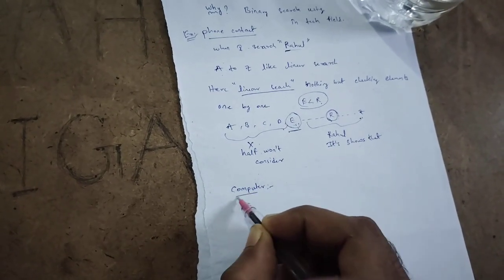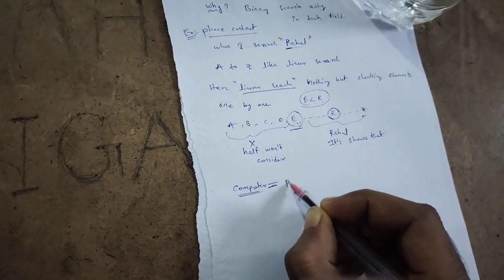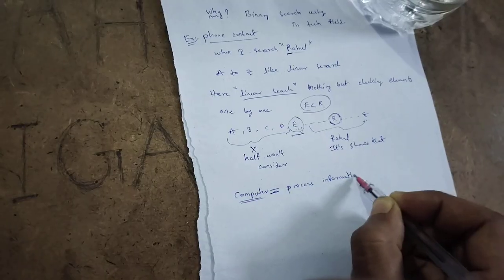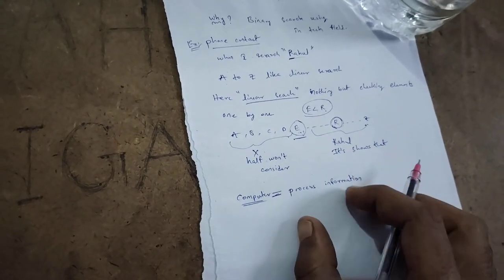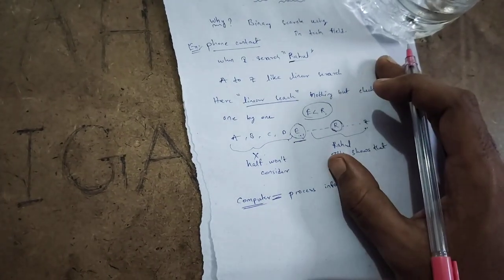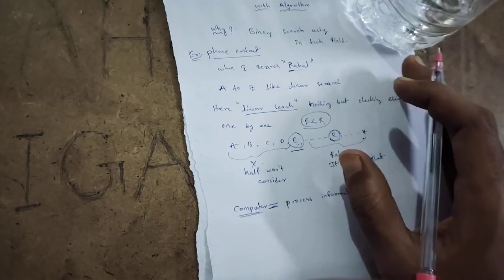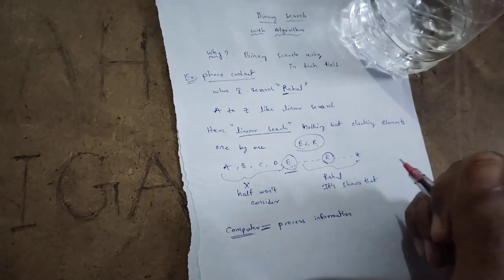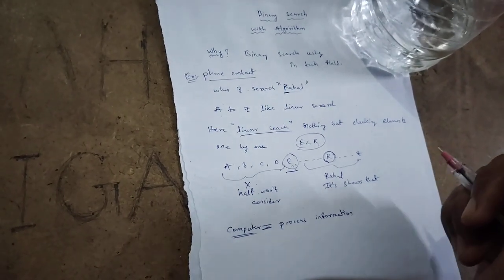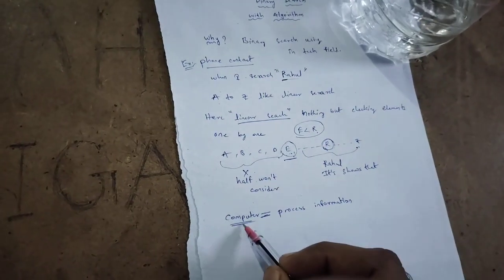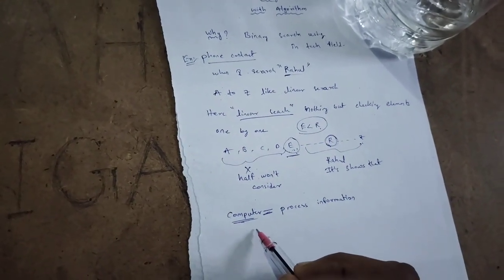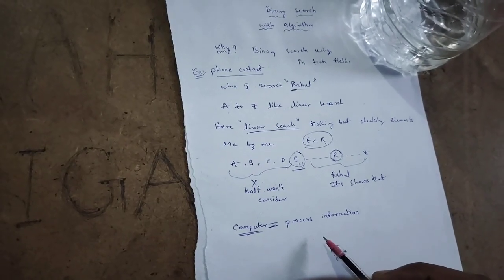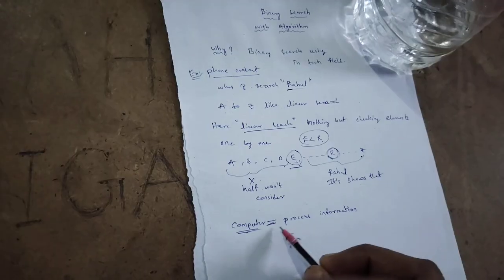Computer equals to process information, because computer doesn't understand human language, so it needs this type of algorithm to proceed. Humans have eyes, nose, brain, but a system or computer doesn't have them, so it goes with algorithms, with a strategy for how to process the data.